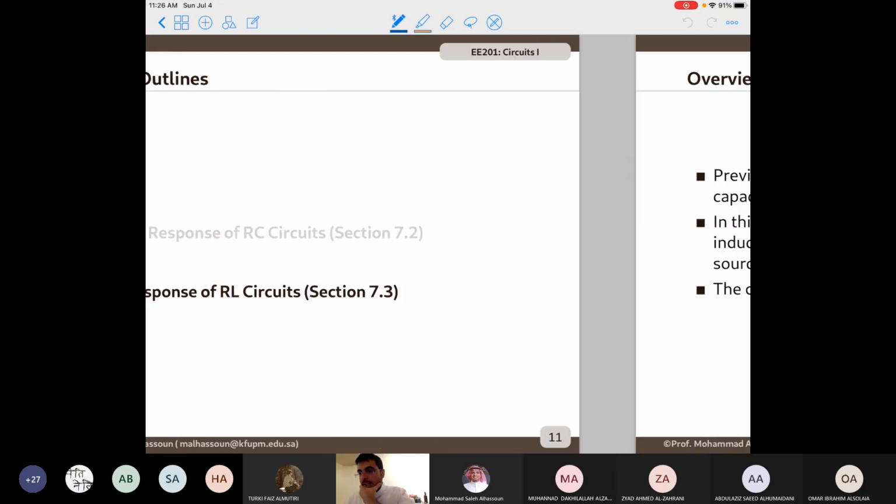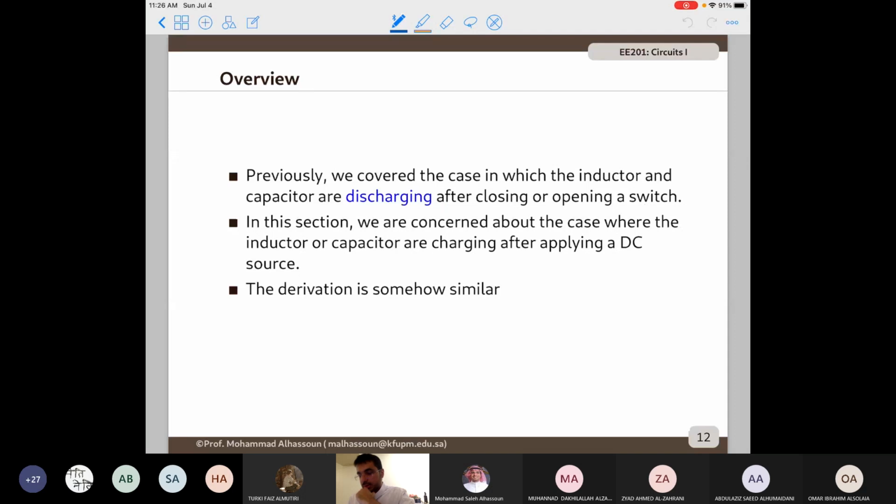So let's see what we did. In the previous lecture, we talked about the inductor or the capacitor discharging after closing or opening the switch. You have a switch, and they are initially charged, then they discharge.